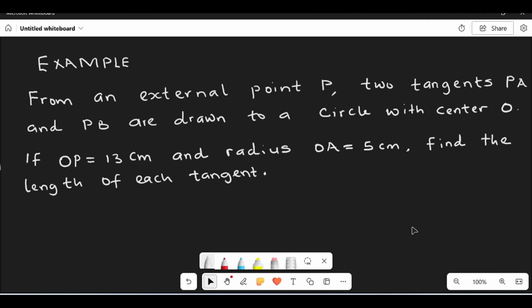Let us consider this example. From an external point P, two tangents PA and PB are drawn to a circle with center O. If OP equal to 13 centimeter and radius OA equal to 5 centimeter, find the length of each tangent. Let us represent this using a diagram.